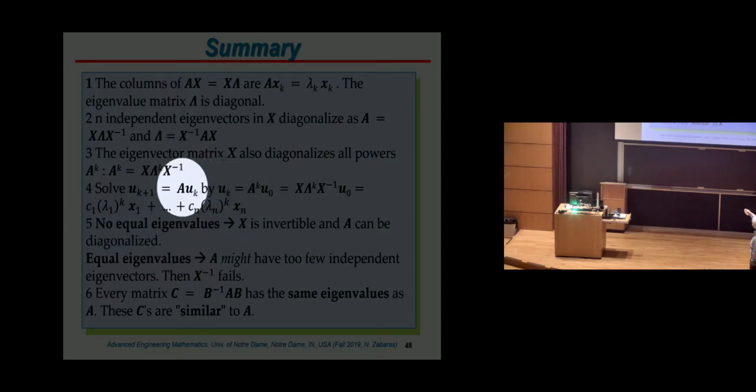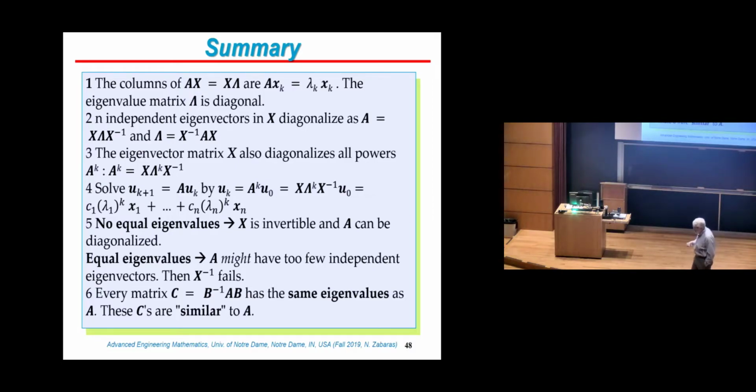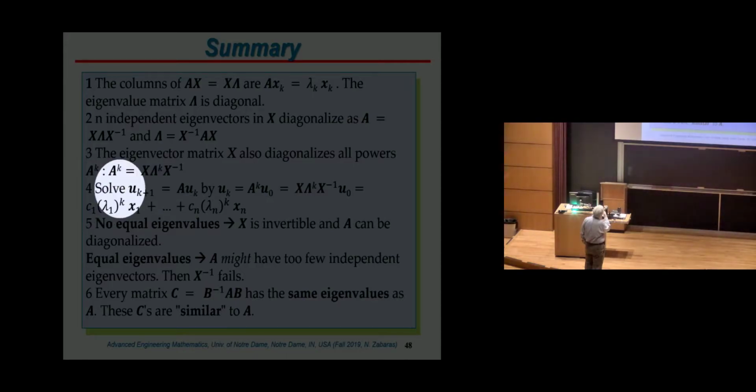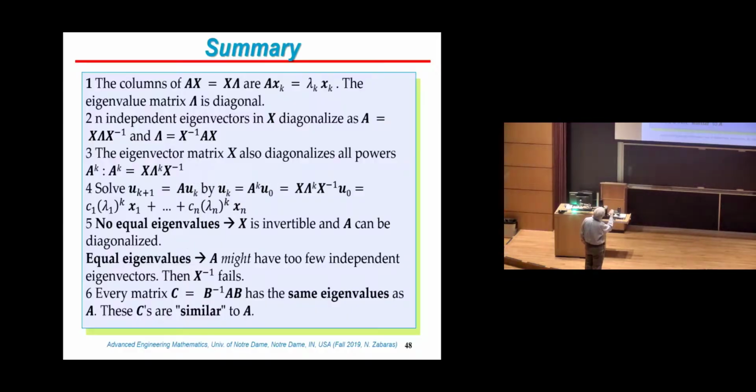If you write your initial state u0 in the eigenvector basis, so u0 is c1 times x1 plus up to cn times xn, then this calculation for u_k is effectively operating with A on x1, x2, up to xn, and u_k comes to be c1 times lambda 1 to the power k x1, up to cn times lambda n to the power k xn.